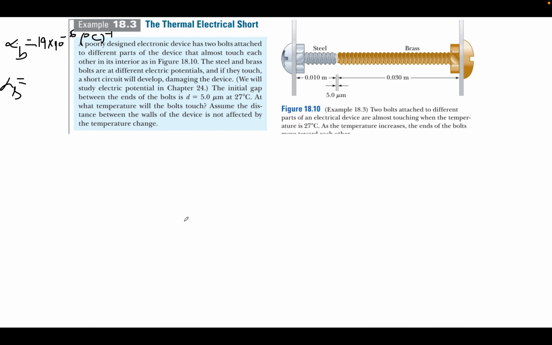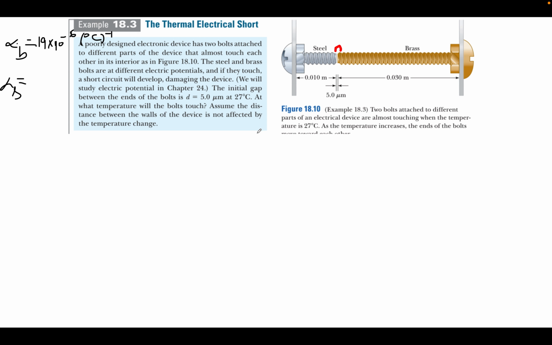The next question talks about a thermal electrical short. It is given that two bolts are attached to different parts of an electrical device, and they are almost touching when the temperature is 27 degrees Celsius. As the temperature increases, the ends move towards each other. So this much gap is there between the steel and the brass.